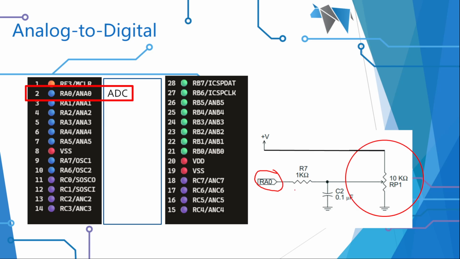It's connected through a little resistor and a little capacitor. And as I rotate this 10K potentiometer, I will get a value between 0 and 255, representing the value of the ADC. And I'm going to put that on the LEDs.